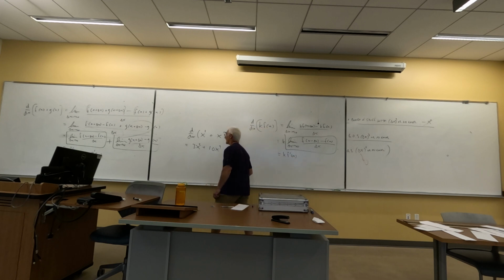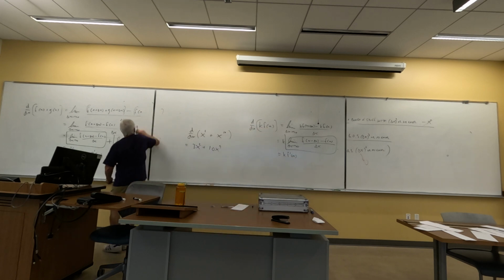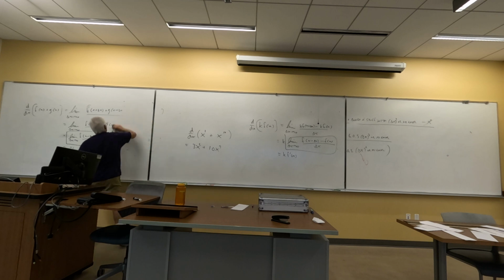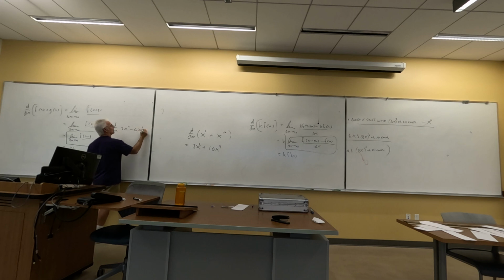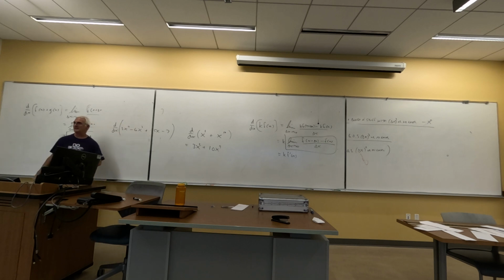Okay, I would like to take the derivative of, okay, let's go a little bit crazy here. I want to take the derivative of 3x to the fourth minus 6x cubed plus 5x minus 7. Oh my gosh. Please do not rewrite this by physically writing four derivatives.